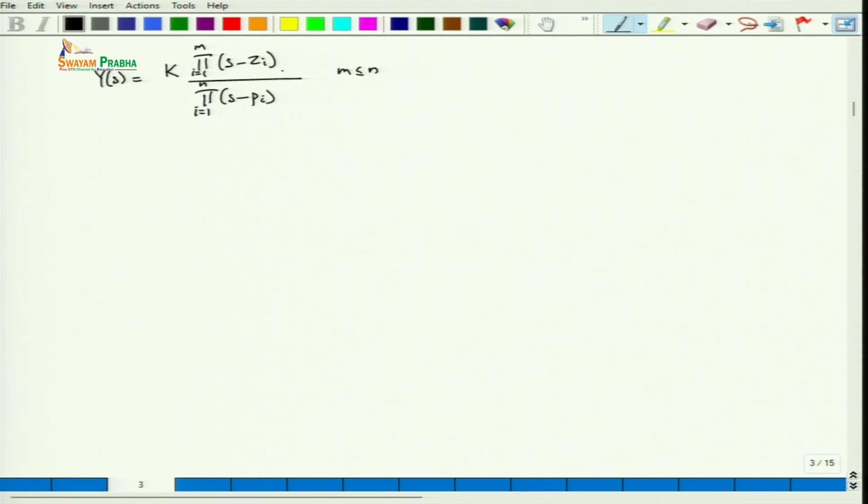So we have m zeros and n poles, and m is less than or equal to n, that is, there are more poles than zeros, and this is necessary to ensure that the system remains causal.